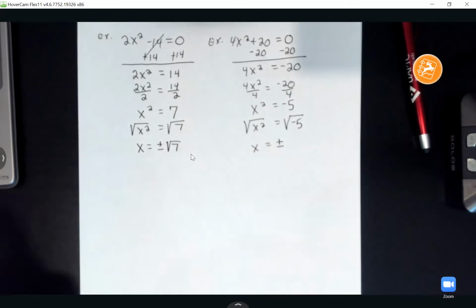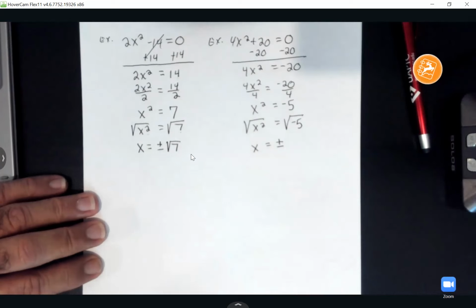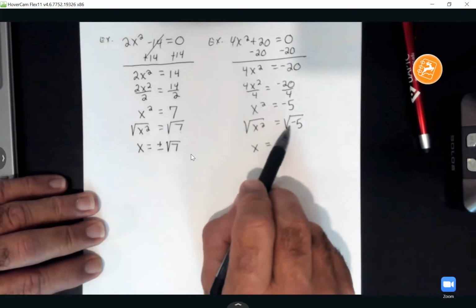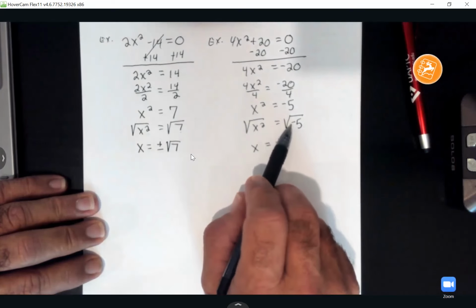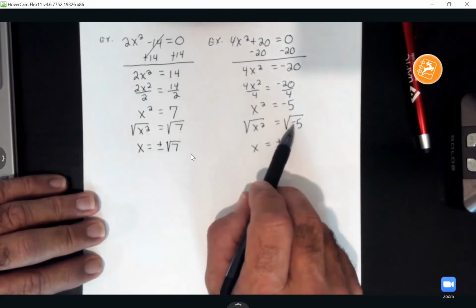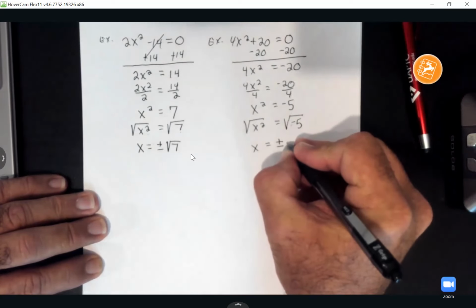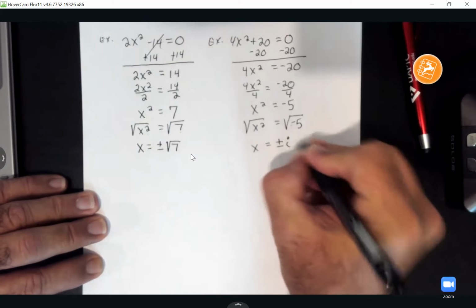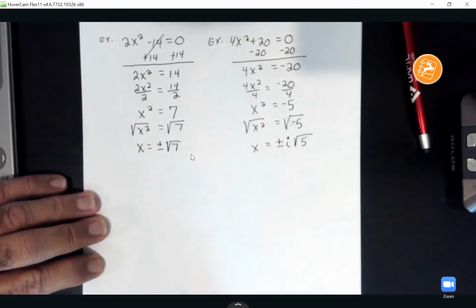There's at least one thing y'all have got to do though. Exactly, I can't leave that negative under the radical. So negative 5i or 5i. Well, how about plus or minus i square root of 5?